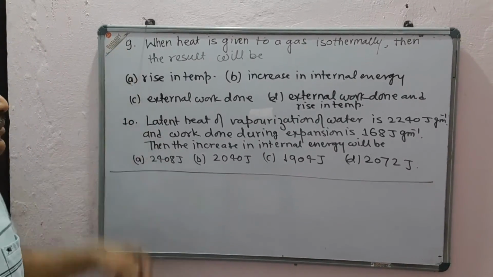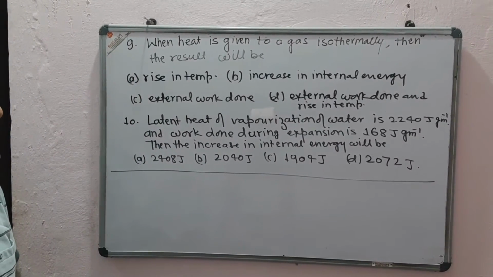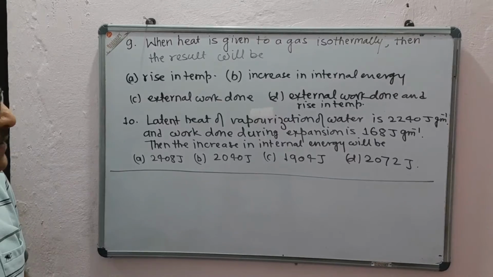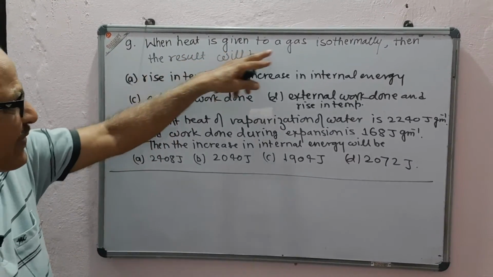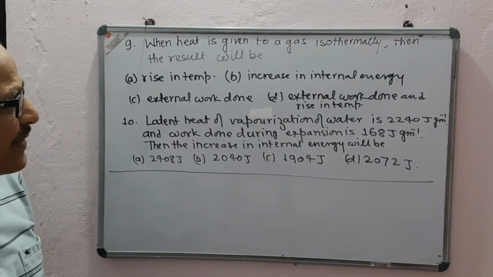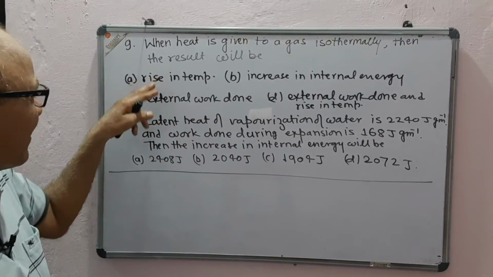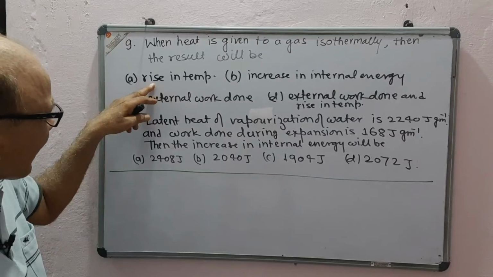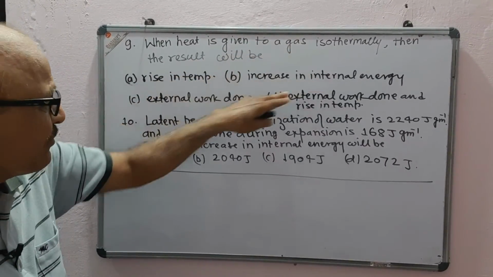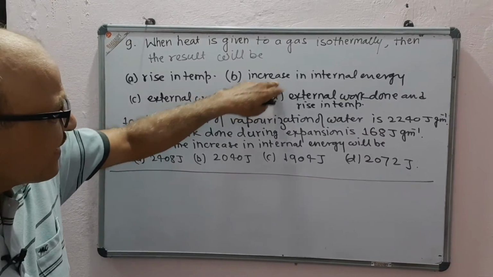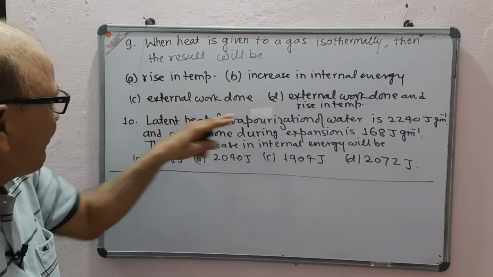Now question number 9. When heat is given to a gas isothermally, then the result will be, here the process is isothermal, therefore internal energy change will be 0. Rise in temperature, isothermal rise in temperature is 0. Increase in internal energy also 0, isothermal.